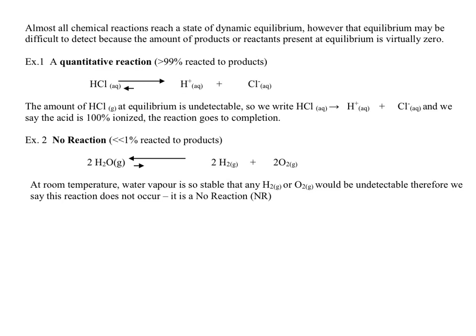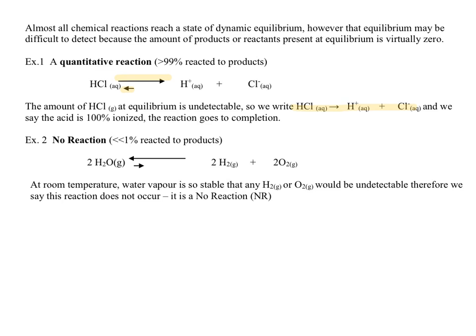So we always write it with a single arrow rather than the big and little equilibrium arrows. So we write it like this with just a single arrow. This happens with strong acids. The acid is 100% ionized. Its reaction goes to completion.